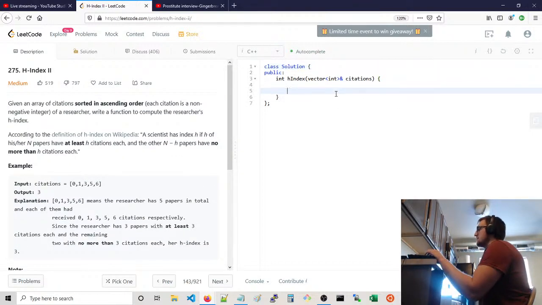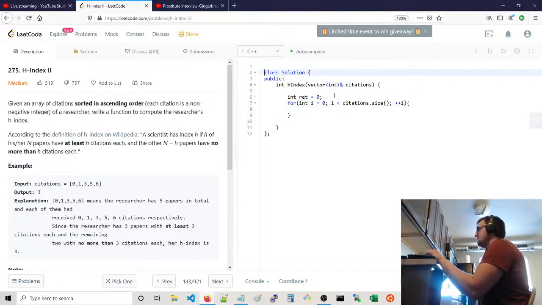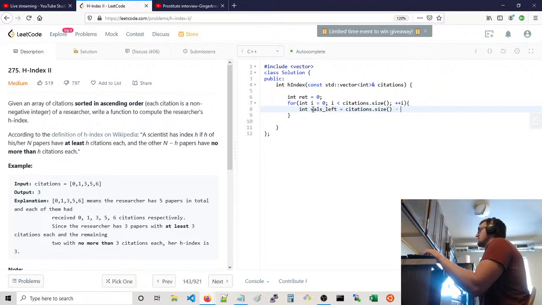So we can just go ahead and code up the solution that I know works.